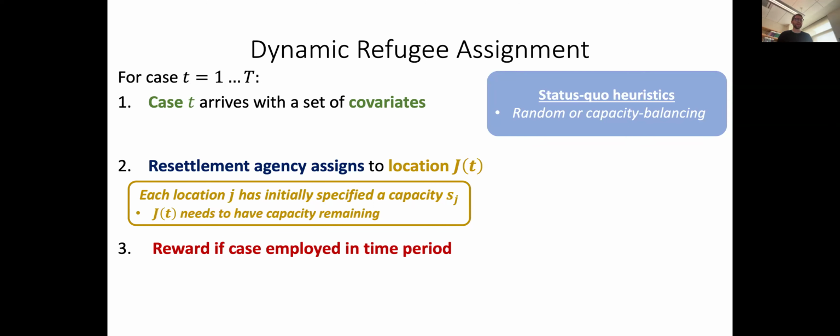So when a case T is assigned to a location J of T, that location needs to have capacity remaining. And in the end, we said that the proxy we consider is employment. So in the end, there's a reward if the case gets employed within a certain time period.